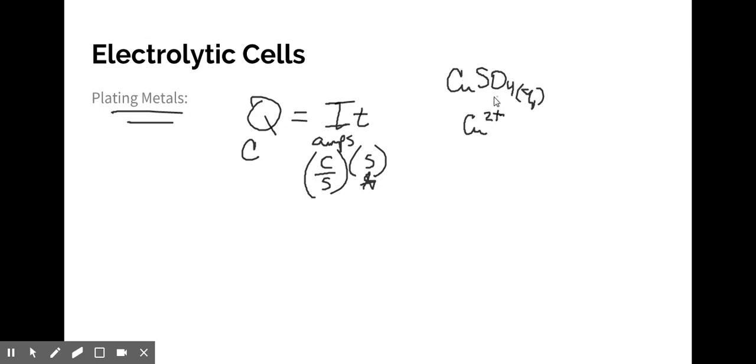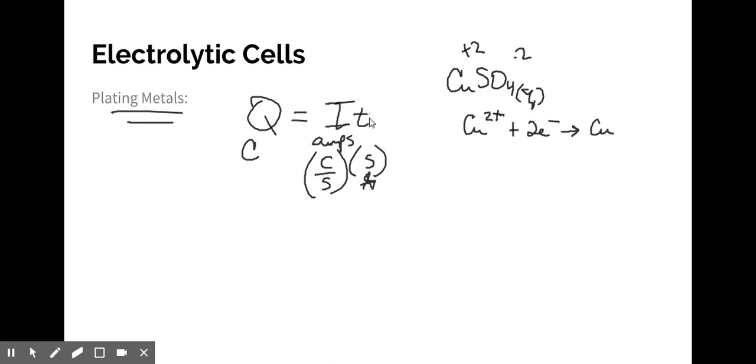I know this is 2+ because I basically uncrisscrossed my charges from this ionic compound. Because sulfate's a 2- charge, copper must be a 2+ charge in order for them to cancel out when we crisscross. So my half reaction is Cu2+ plus 2 electrons yields Cu solid.